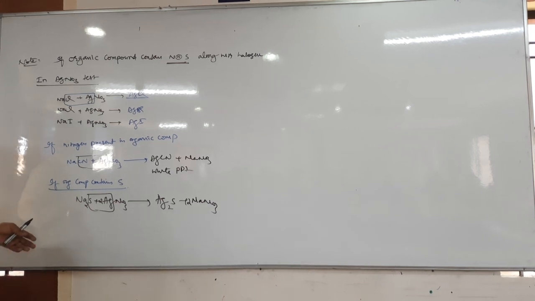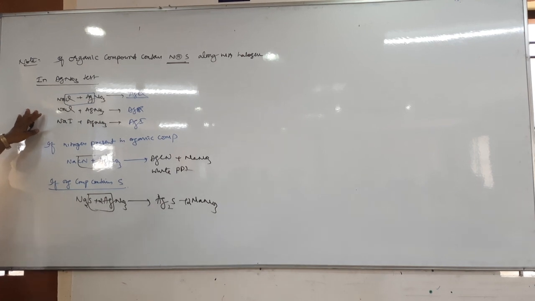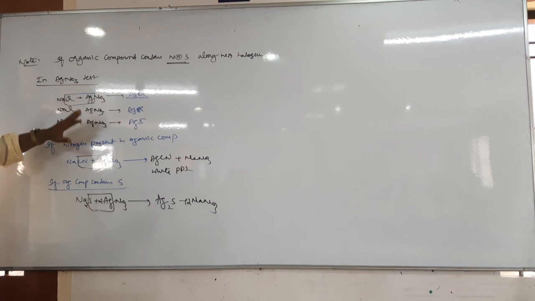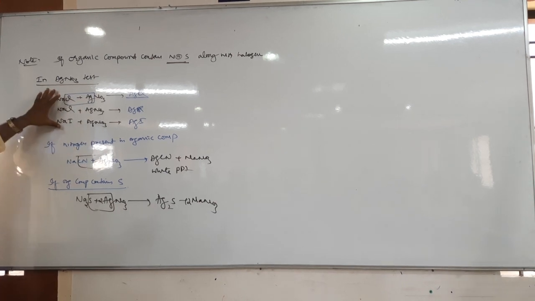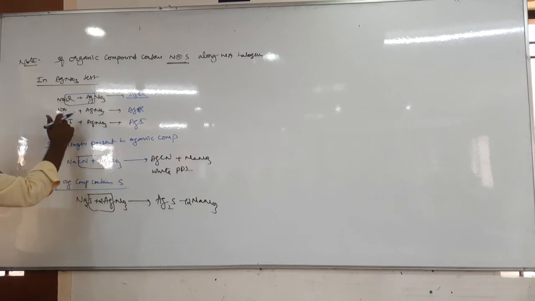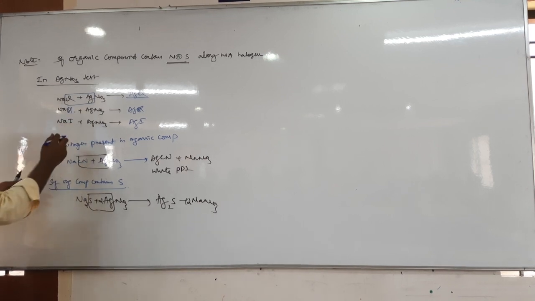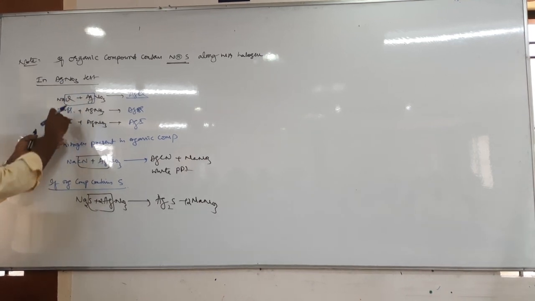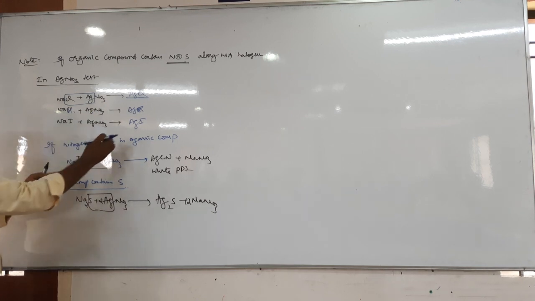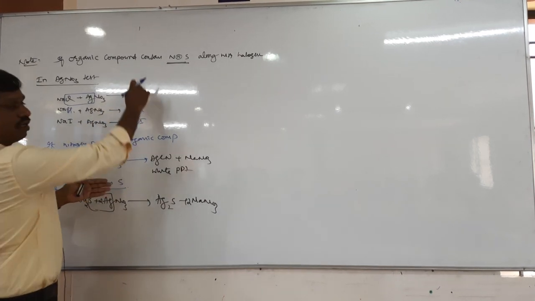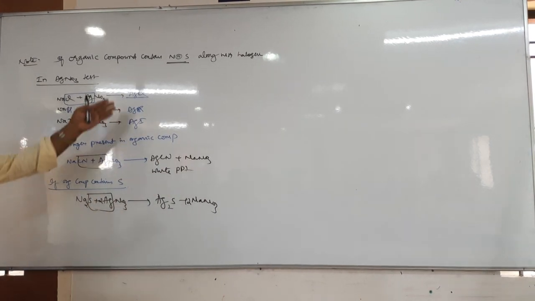Now tell me, what do you understand by this? See what happened here. If only halogen is present, those halogens convert into the corresponding halides, and these halides react with silver nitrate to form the corresponding silver halides, which are of course precipitates.